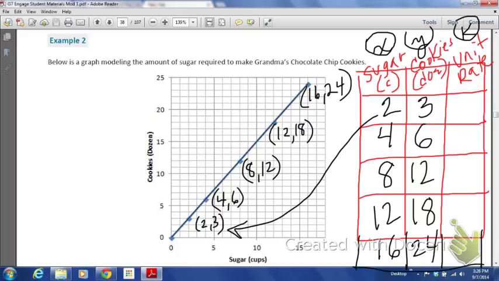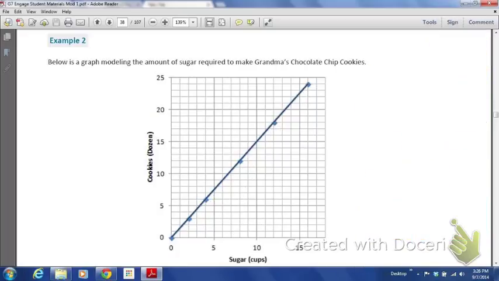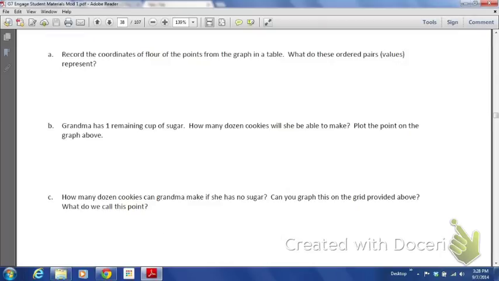Now these ordered pairs, and actually let me just go to the next slide here. It says, we've recorded the coordinates of the points from the graph in the table, and actually sugar. Gosh, let me cross this out. And what do these ordered pairs, what are the values, what do they represent?